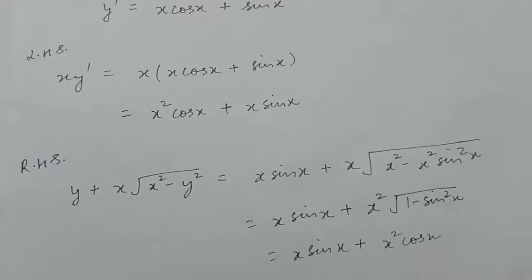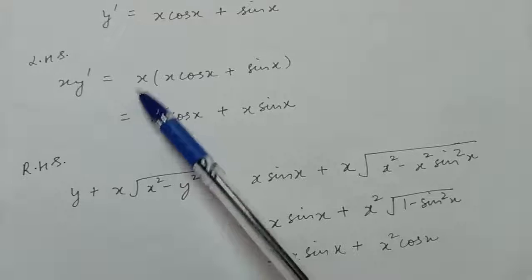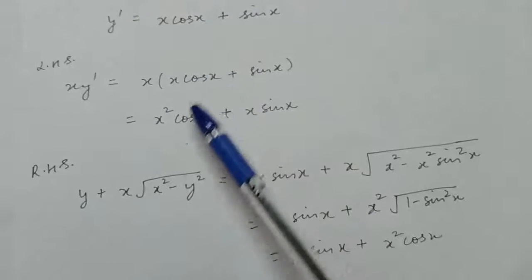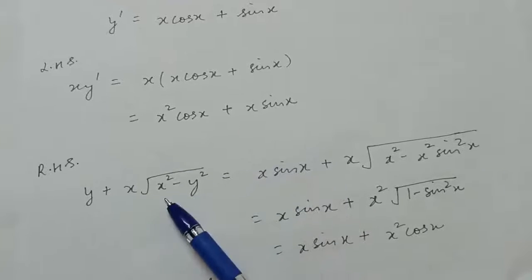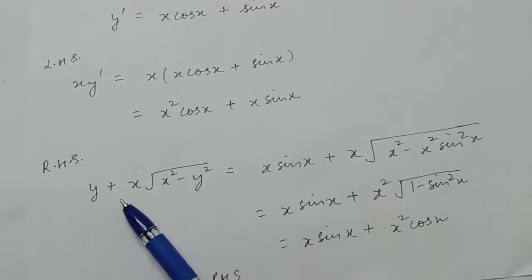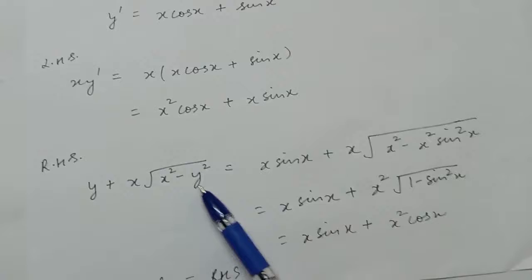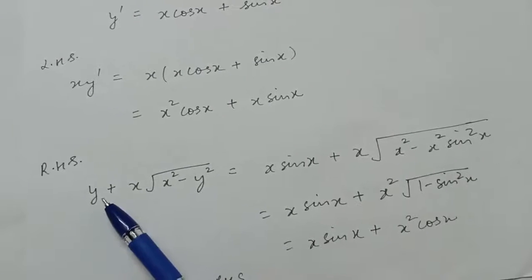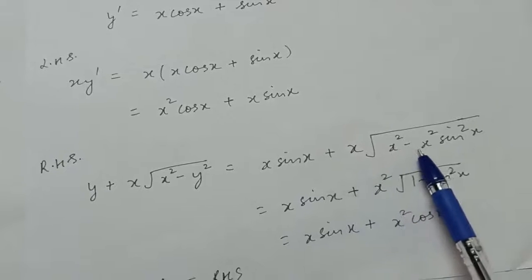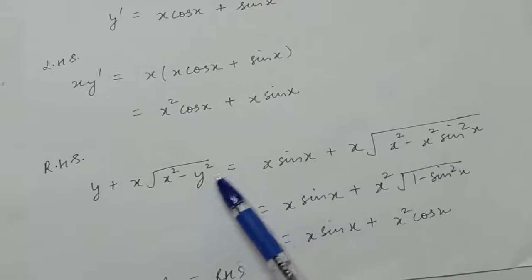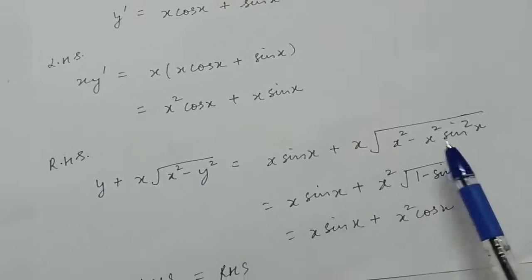Left hand side is x into y dash. So x into, in place of y dash write down this, so you will get x square cos x plus x sin x. Now we will solve the right hand side, which is y plus x root x square minus y square. So y is given in the equation as x sin x, plus x root x square minus, in place of y square, x square sin square x.